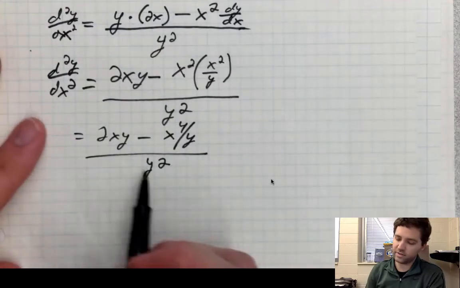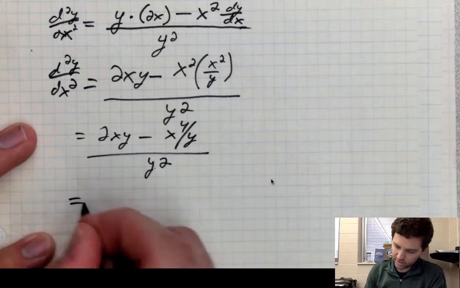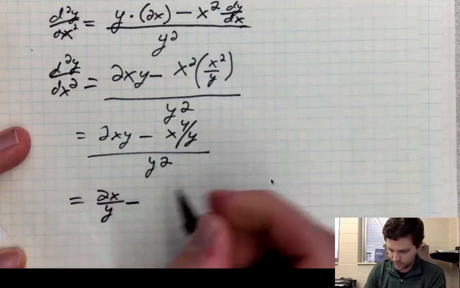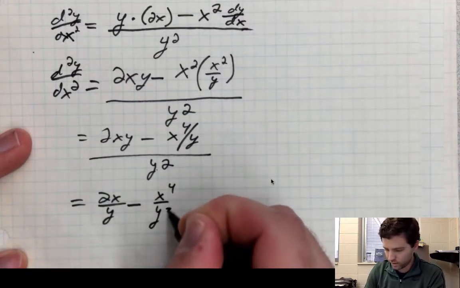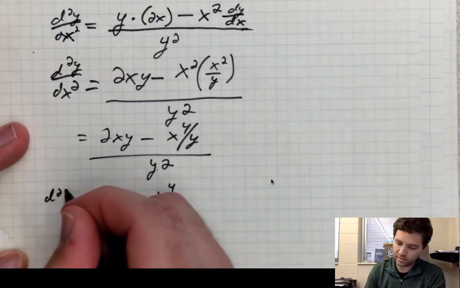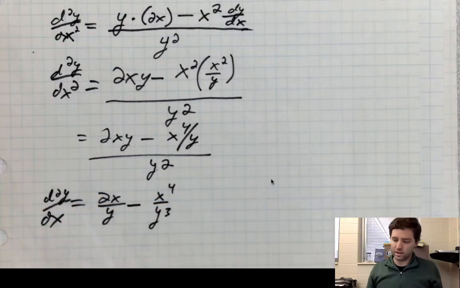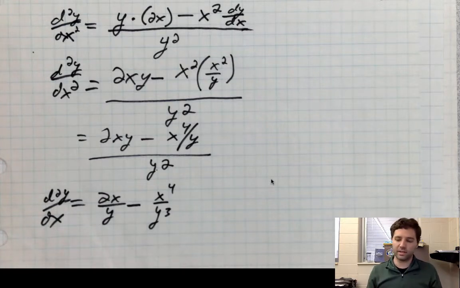And the last thing I do is just divide everything by y squared, and you get your final answer that doesn't look too bad, is 2x over y minus x to the 4th over y cubed. And that's the second derivative of y with respect to x. So there's the first example. Again, the process is find the first derivative, then the second derivative, then substitute back in for dy dx.